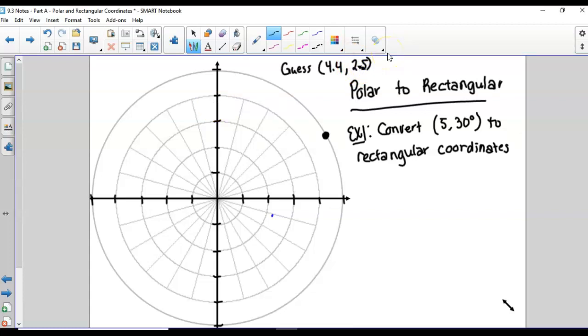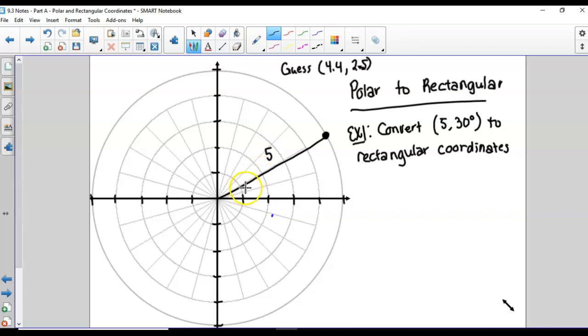All right, so that's going to be a relatively close guess, but we would like something a little better than a guess. So let's look at this. I know the length of that line I just drew right there is 5, because that's the radius from the origin to that point.